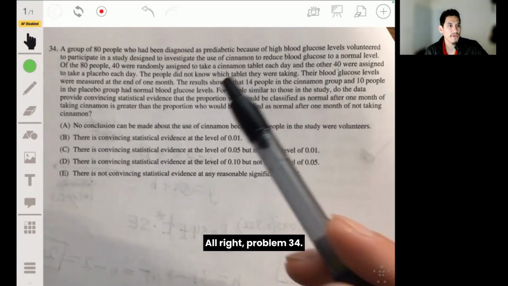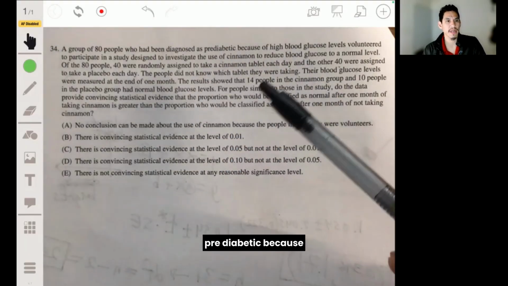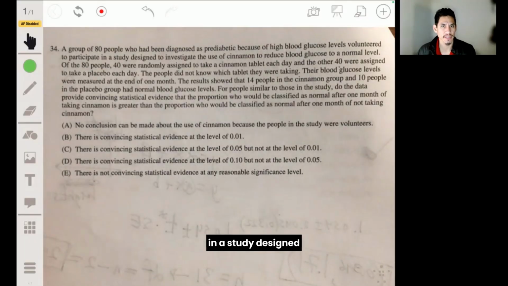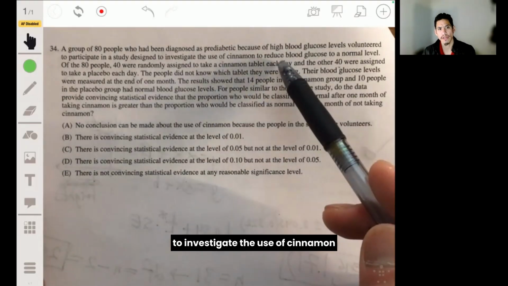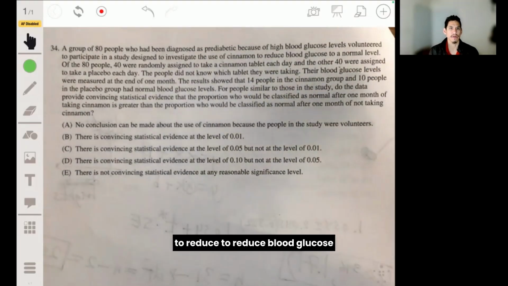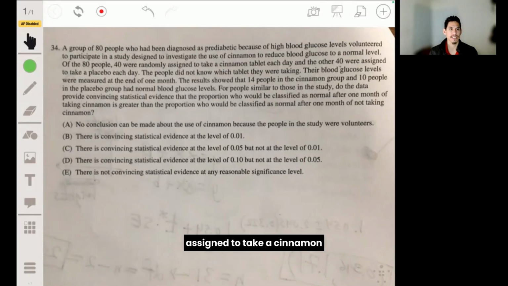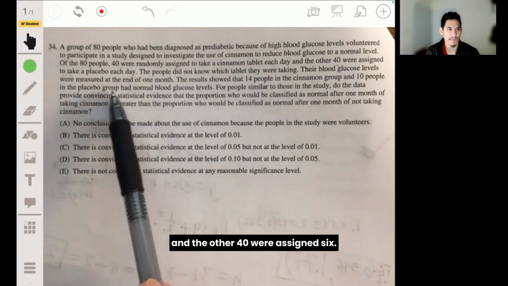All right, problem 34. We have a group of 80 people who have been diagnosed as pre-diabetic because of high blood glucose levels. They volunteered to participate in a study designed to investigate the use of cinnamon to reduce blood glucose to a normal level. Of the 80 people, 40 were randomly assigned to take a cinnamon tablet each day, and the other 40 were assigned to take placebo each day.